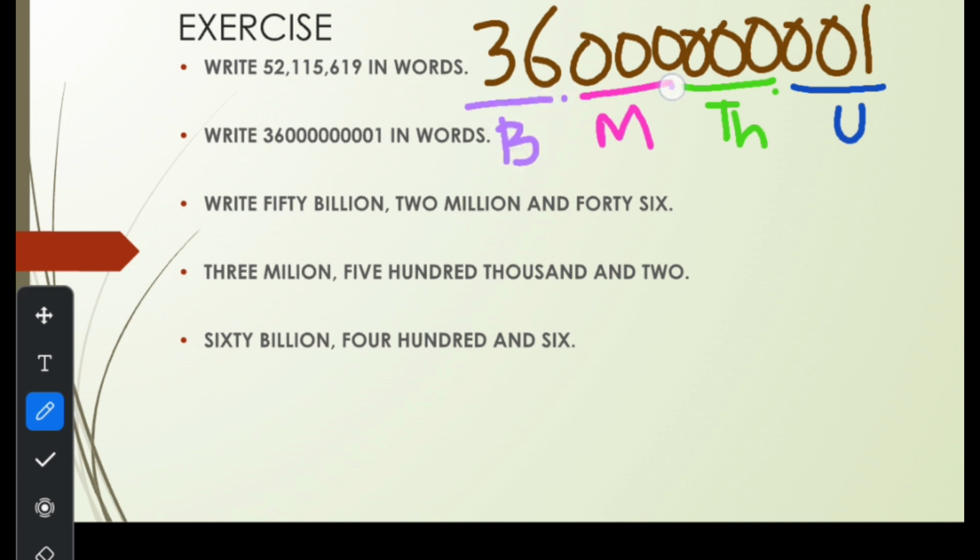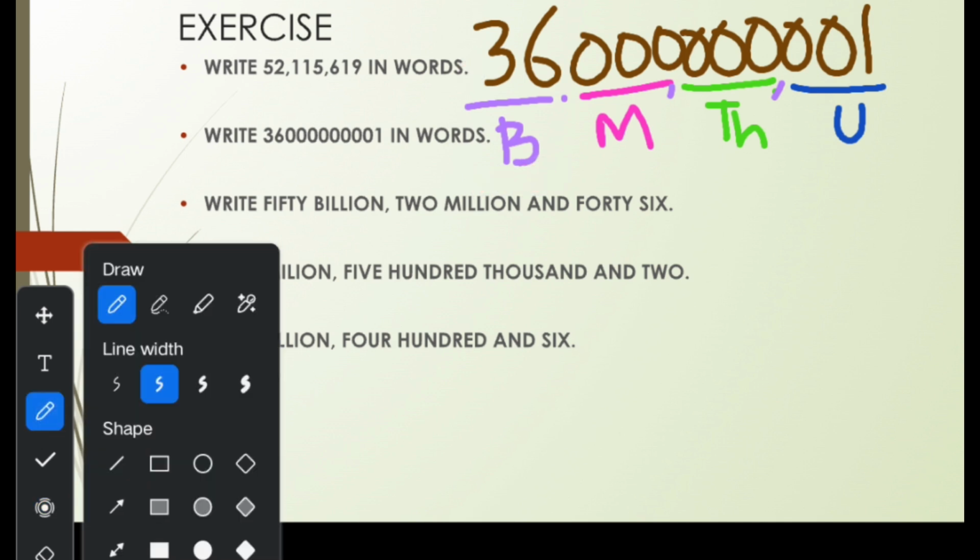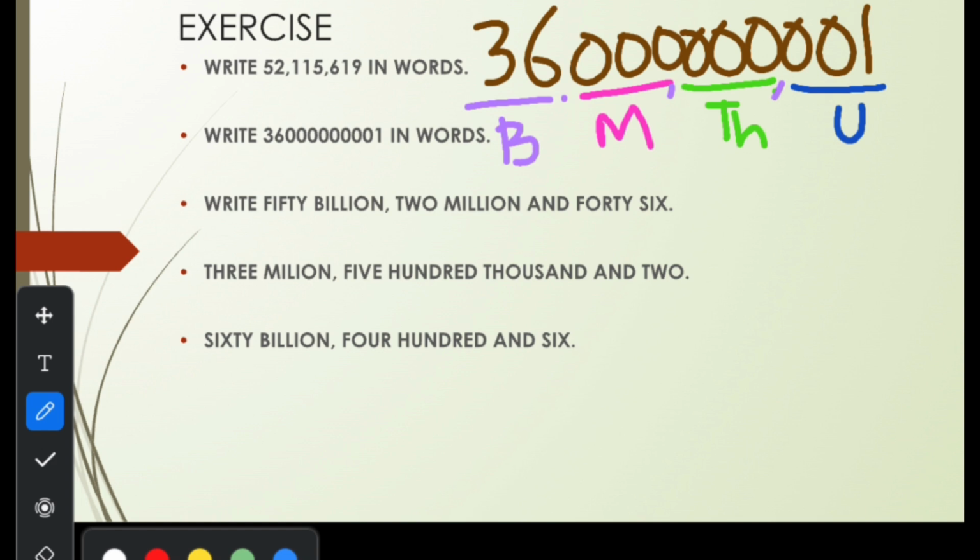Recall, I told you that in each period there are 3 categories, starting from the extreme right, which is ones, and ending on 100. So in the category of billion, there is no third digit. That means over here you have to name it as tens and ones. Similarly, in the category of million, all the numbers are 0, so we don't need to mention zeros.